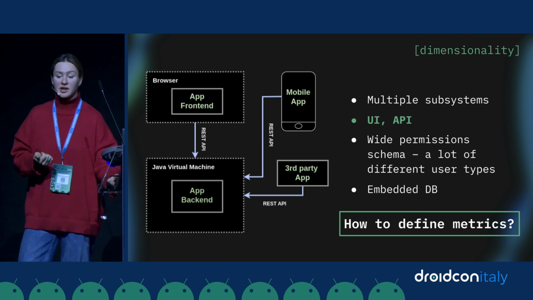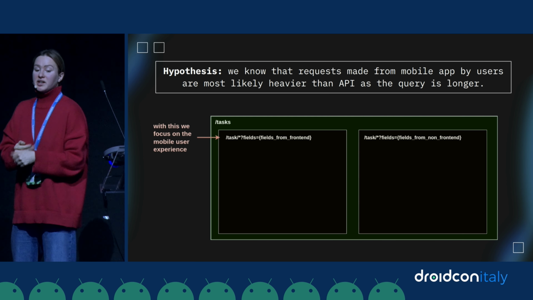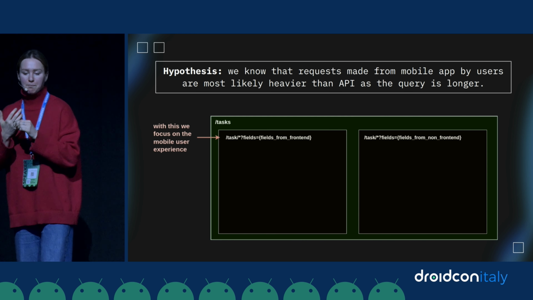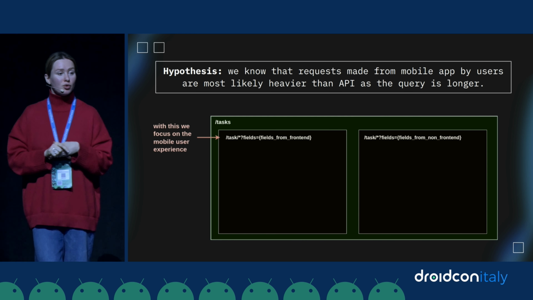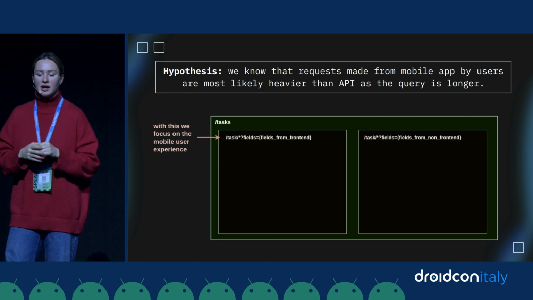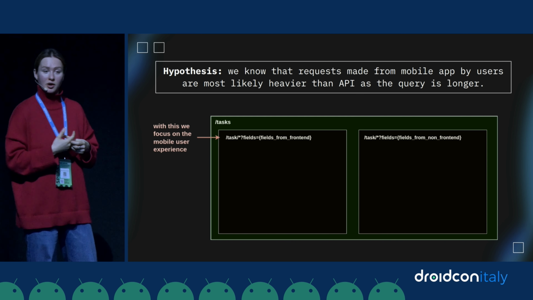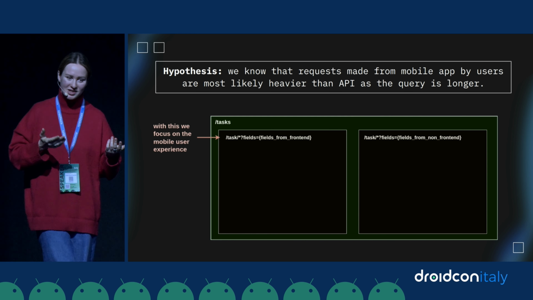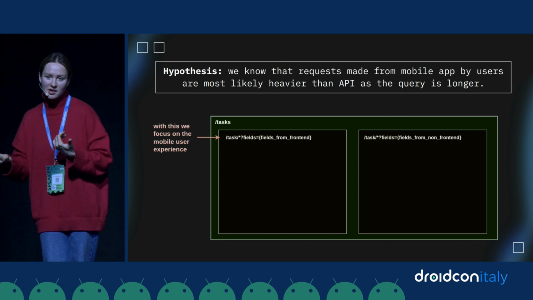Then we validate the second hypothesis. We think that the requests made from the mobile app by users, they are most likely heavier than API requests as the query is longer. How would we know this? Well, it's obvious because we designed our applications. We designed our front end, we designed our mobile.